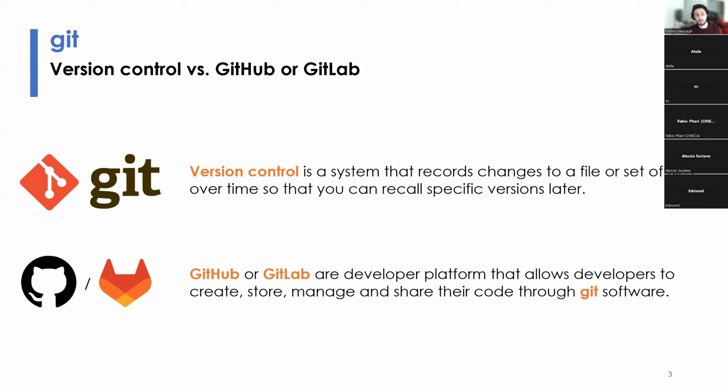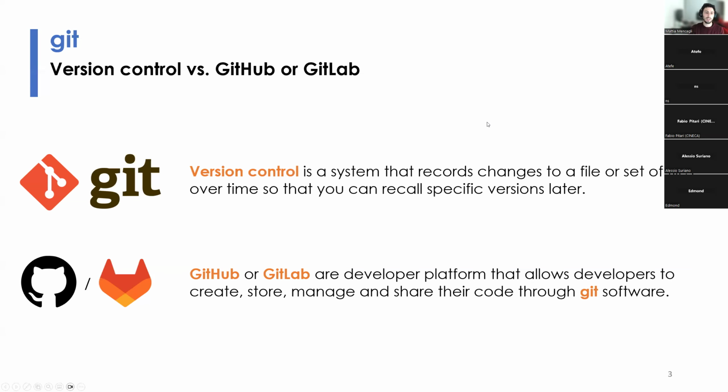While GitHub and GitLab or other services of this kind are developer platforms that allow developers to create, store, manage, or share their code through Git software. Therefore, clearly, the two of them are deeply bound, but they're not the same thing. This is important to keep in mind.